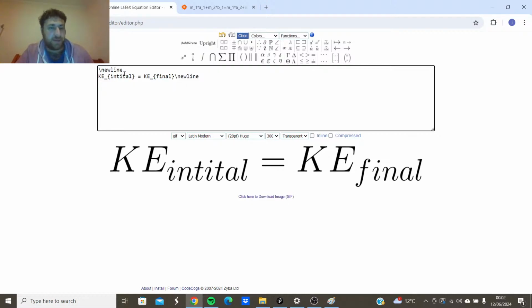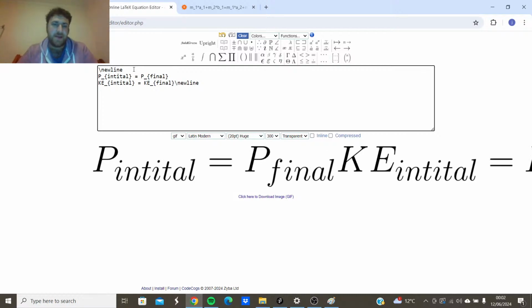Anyway, these are the two equations that we want to combine together in order to solve our equation. The first thing I'm going to do is change the order of these equations, and the second thing is to write them out and expand them properly.